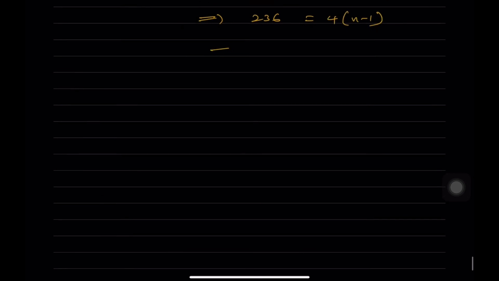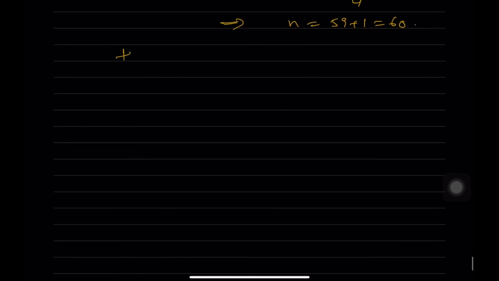So therefore here you are getting n minus 1 is equal to 236 by 4, which is equal to 59. So which implies that n is equal to 59 plus 1, which is equal to 60. Hence 60 multiples of 4 lie between 10 and 250.